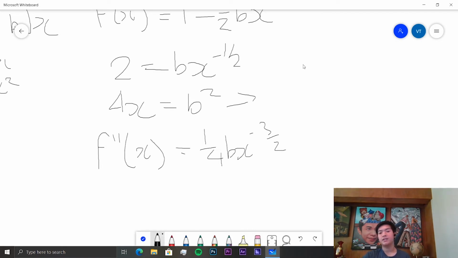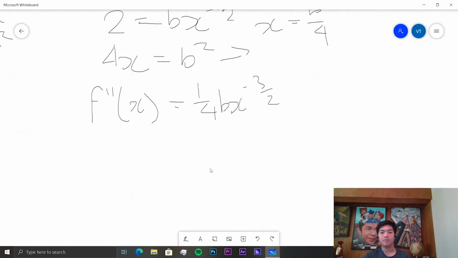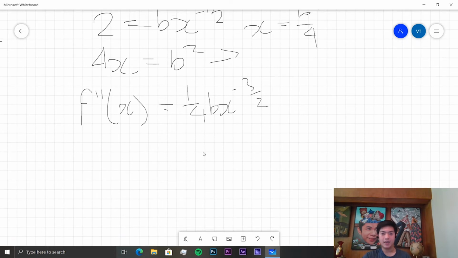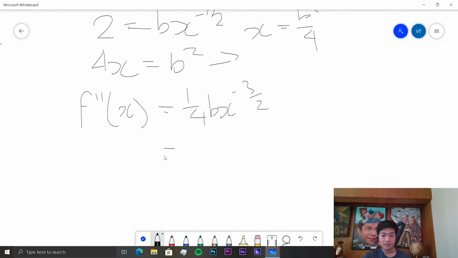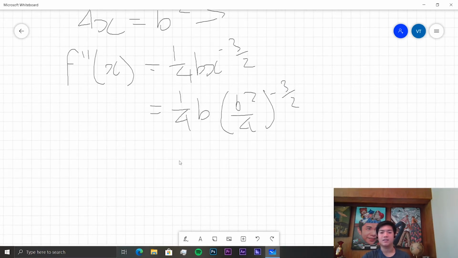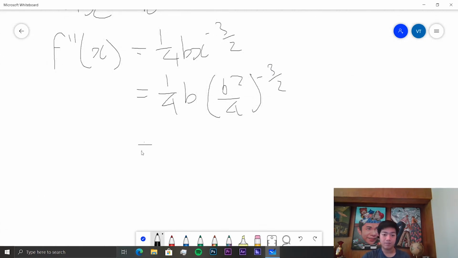What do we get? So x is equal to b squared over 4. So we get 1/4 b times (b squared over 4) to the negative 3/2. So this is equal to 1/4 b times 8 over b cubed.